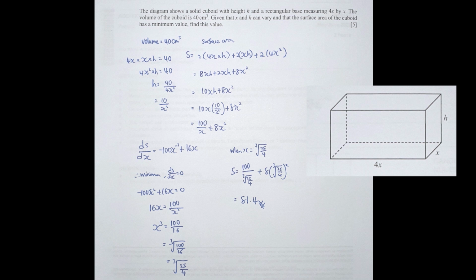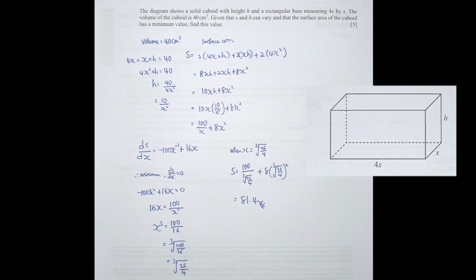There's a reason why I calculate the volume at the start: from the volume, I should be able to find what h is, substitute it, and make the surface area formula into a single unknown only. So by substituting h as 10 over x squared, I'm getting 100 over x plus 8x squared. So dS/dx is negative 100x to the power of negative 2 plus 16x.